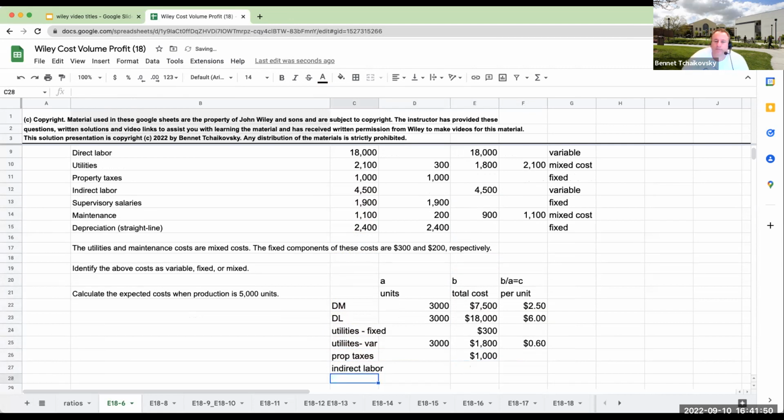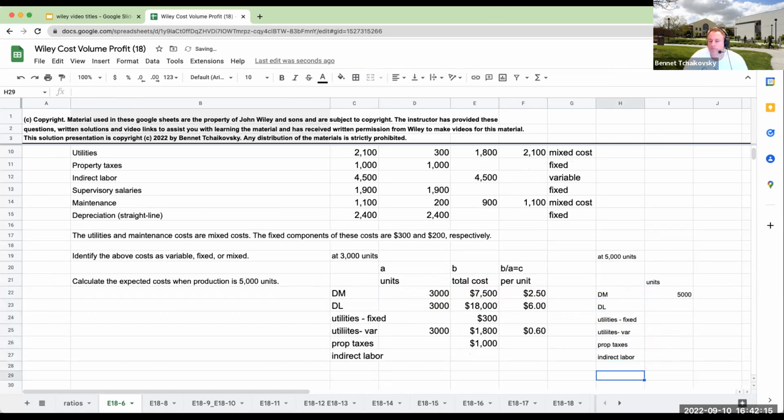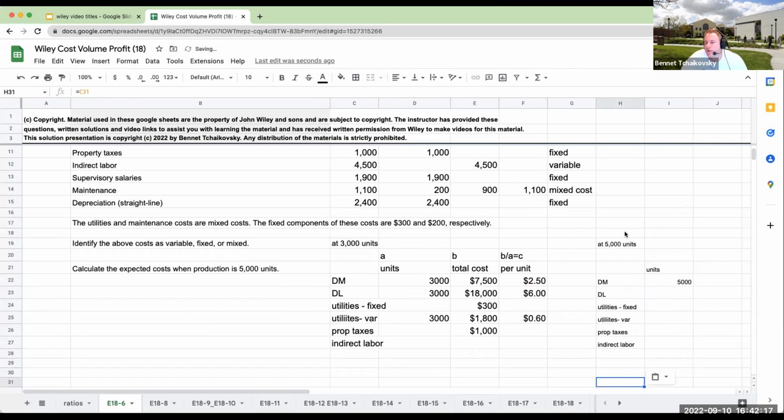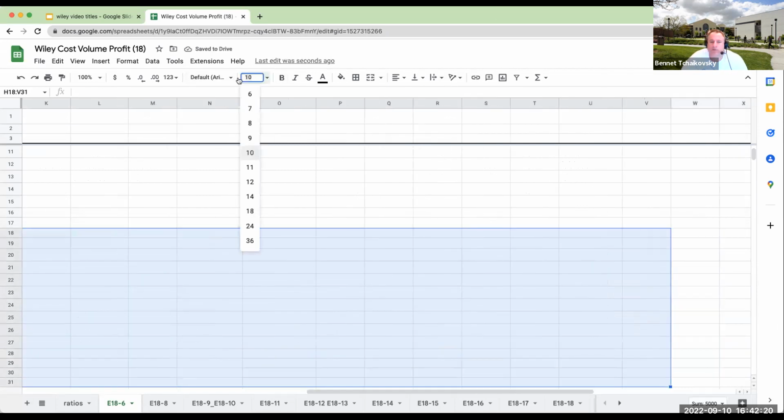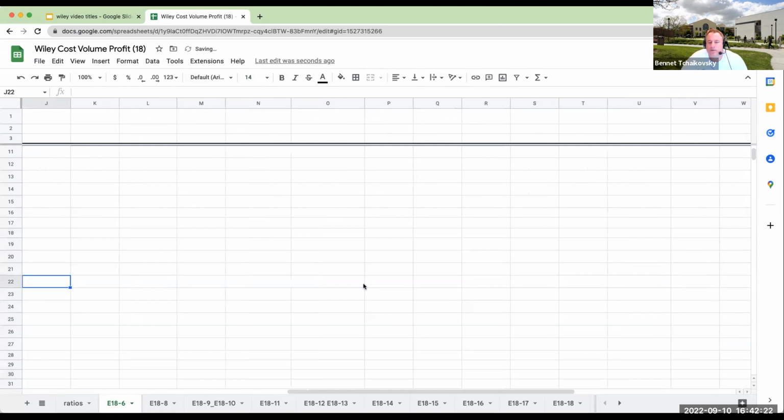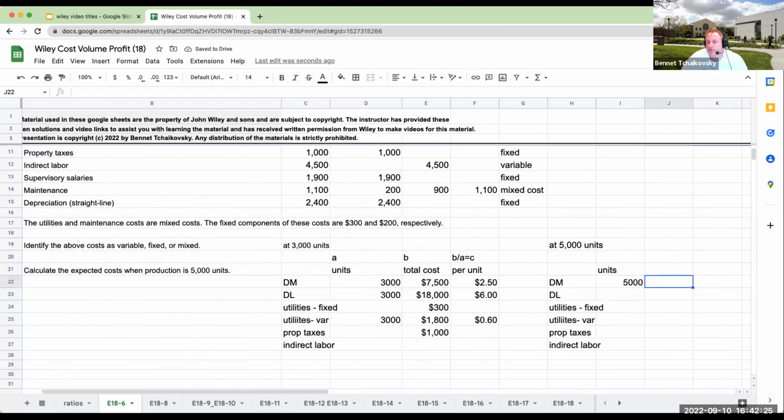Indirect labor. Okay, so the way we're going to do this is we're being asked to produce it at 5,000 units. So this is at 3,000 units. To do this at 5,000 units, my units are 5,000.